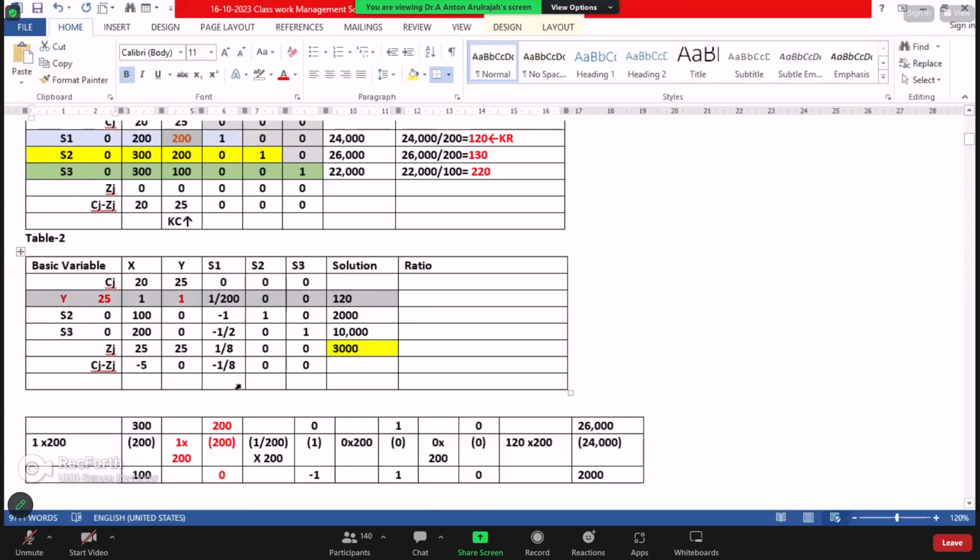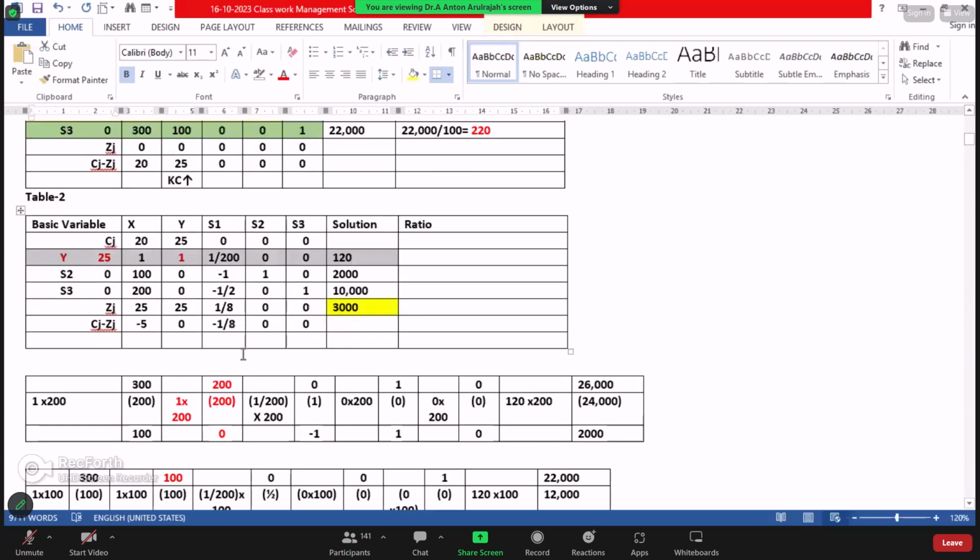Here it says 120, and here it mentions 220. So we want to maximize the profit.